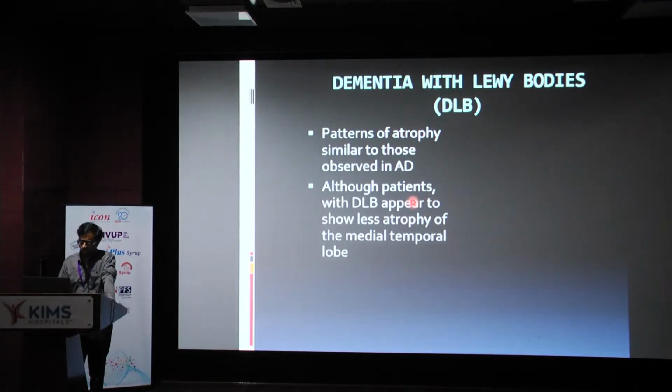Then coming to dementia with Lewy bodies, again, if you don't have something like a PET, most of the MRs tend to have what we call a non-contrast 3D ASL sequence. So 3D ASL will also tell us what is happening to the perfusion. That is an indirect way.